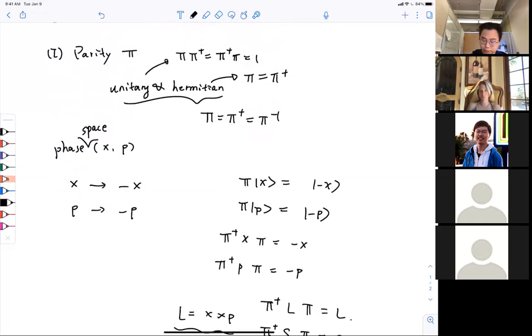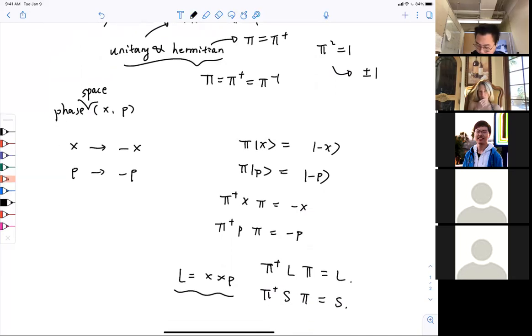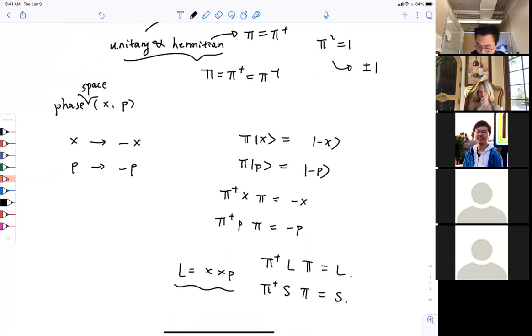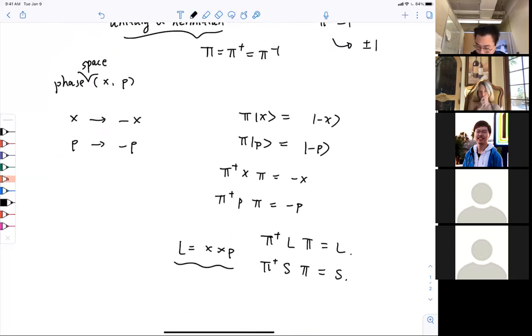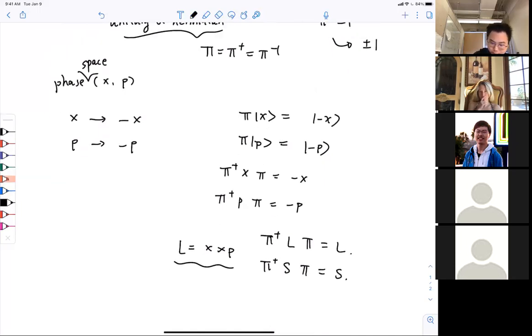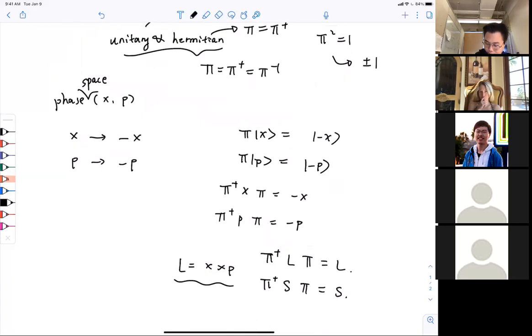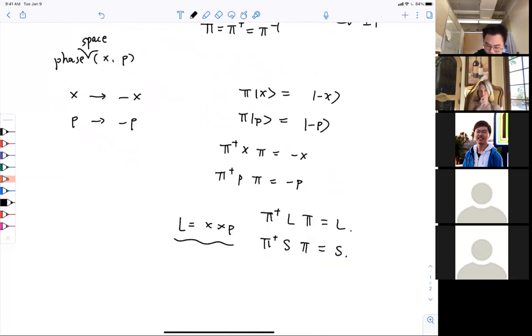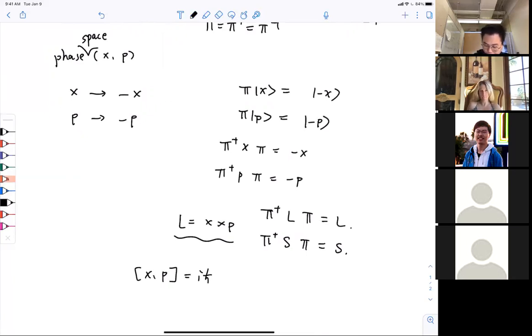By the way, another important point is that pi squared equals 1, meaning that the eigenvalue must be plus 1 or minus 1. What else do I want to say about this? Right, okay, so this parity operation preserves the basic commutation relation. So you can say [x, p] equals i h bar.